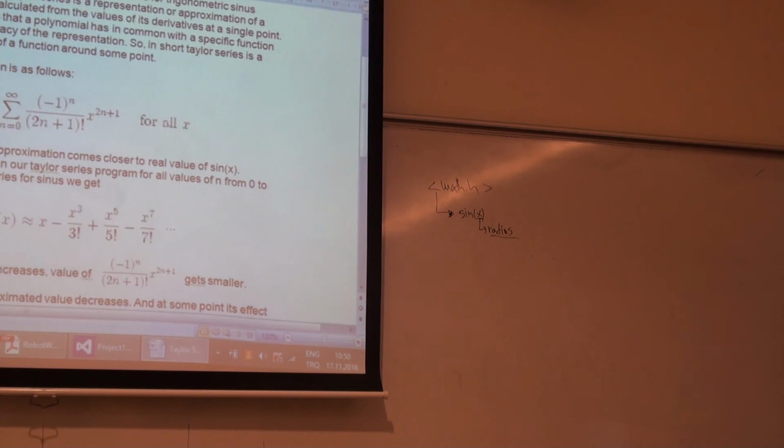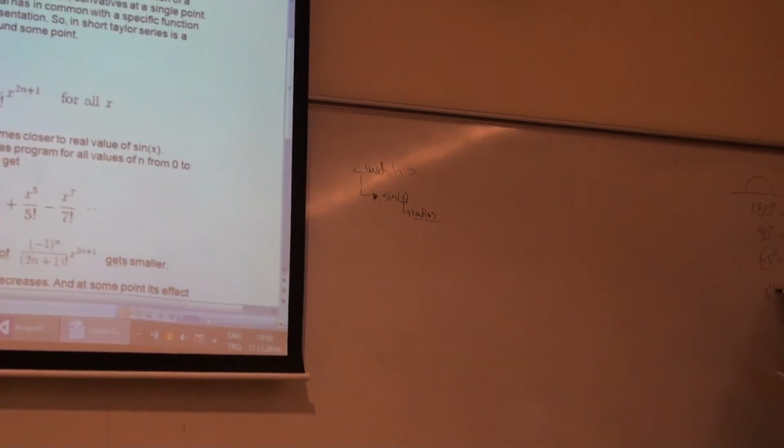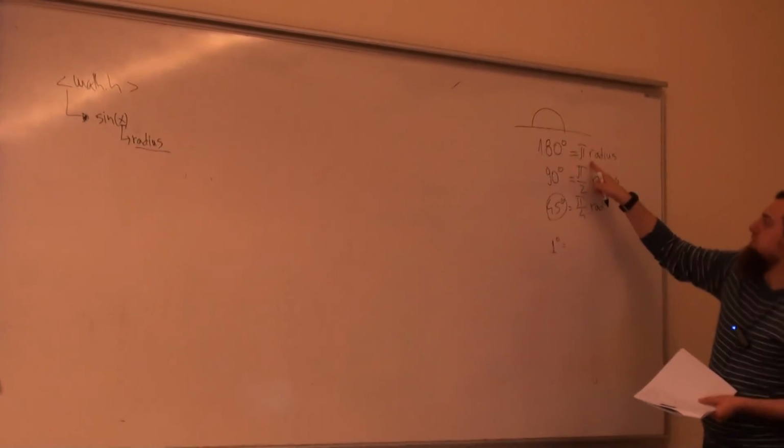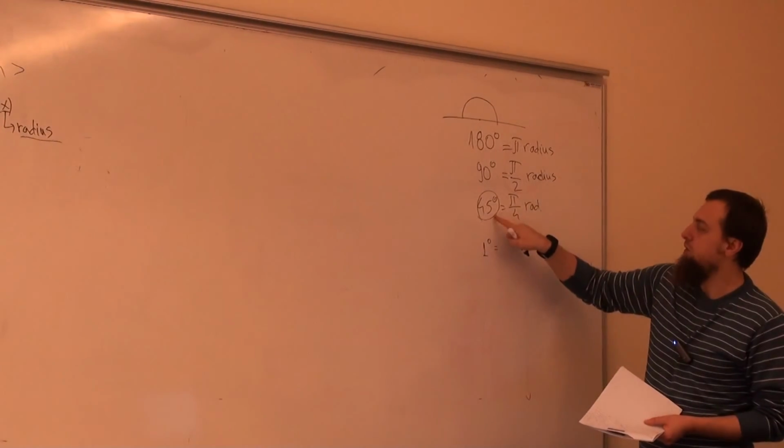So if we are given the angle in degrees, how can we convert it to radians? Do you know a formula for that? One degree is how much? So 180 degrees is pi radians, okay? 90 degrees is pi over 2, 45 is pi over 4.